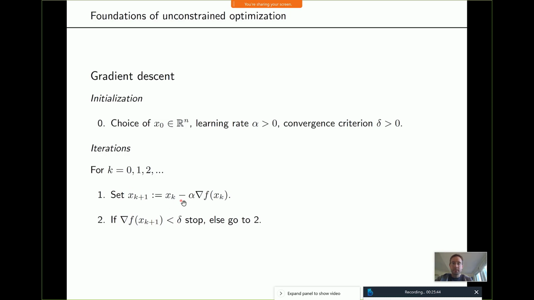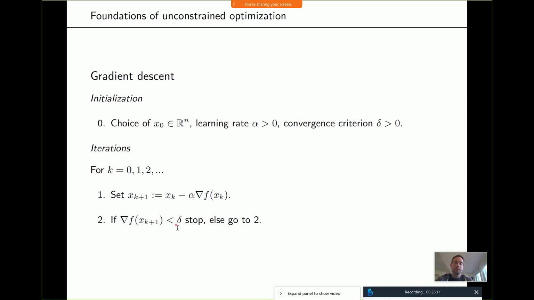So that's the update rule. And then you check if your gradient, and maybe, so this is also maybe not that nice, maybe I should put here the norm of it. So if the norm of the gradient, so the length of the gradient vector, is smaller than delta, or you understand this is a vector, you can of course also check for every component of the vector.